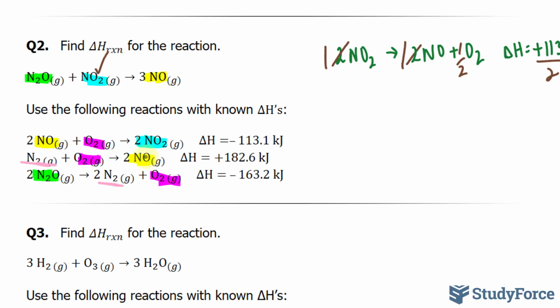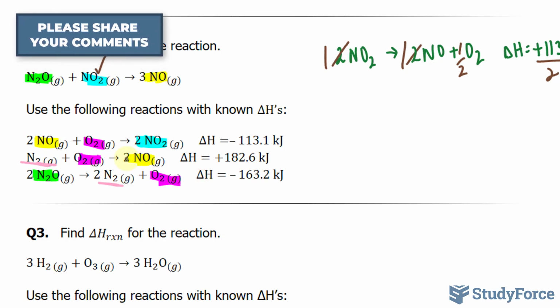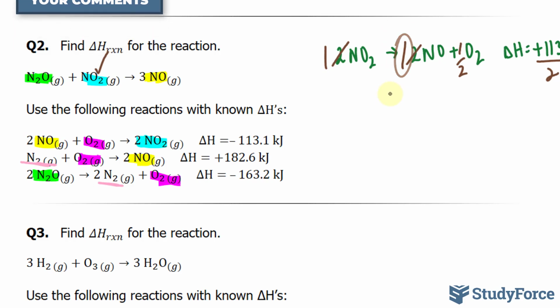Now let's worry about NO. Luckily for us, NO is in the right spot now that we've manipulated the first reaction, and there's also an instance of it in the second reaction. There are 2 here, and there is 1 here. 2 plus 1 is 3, so this one is correct. I'm not going to change that anyway. Finally, in our third reaction, we have 2 molecules of N2O, and we only have 1 over here.